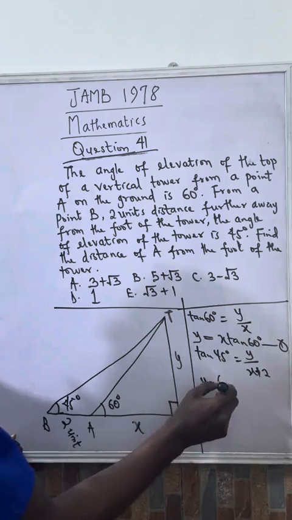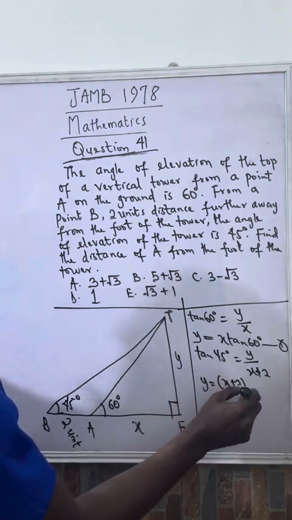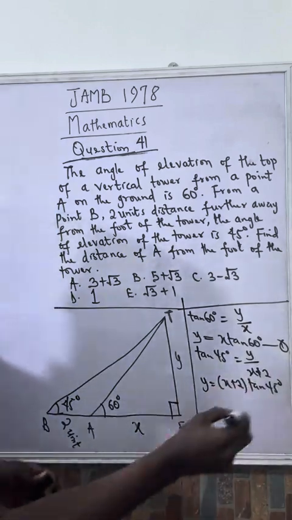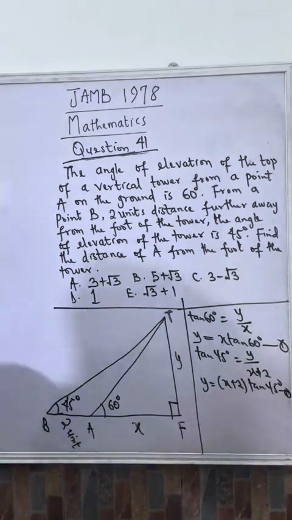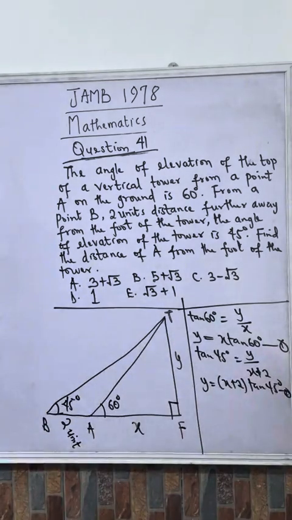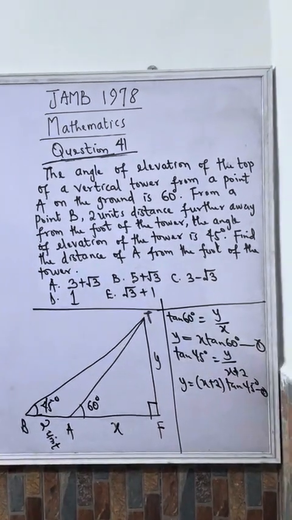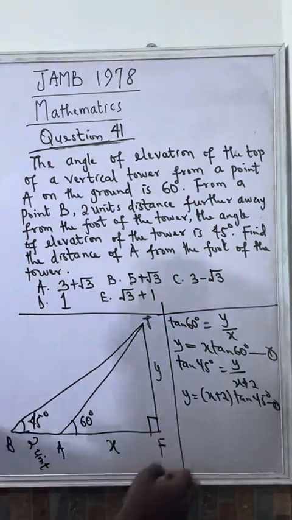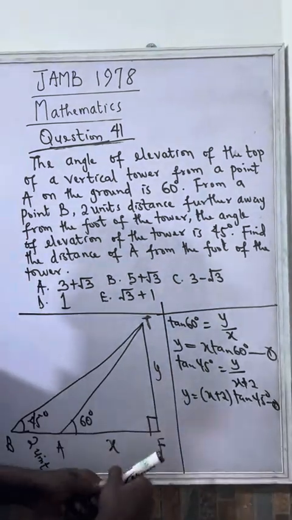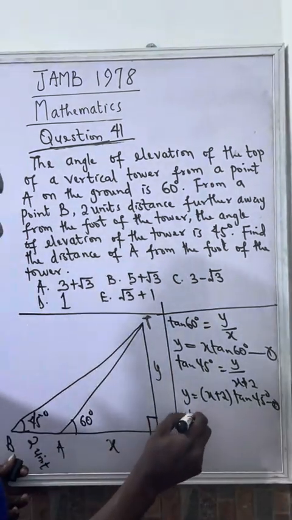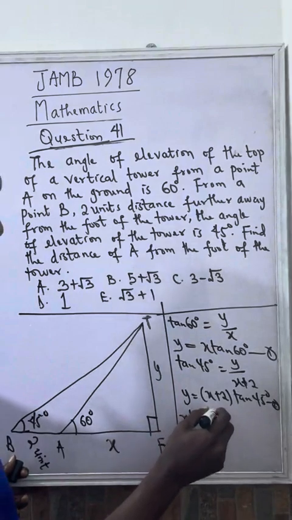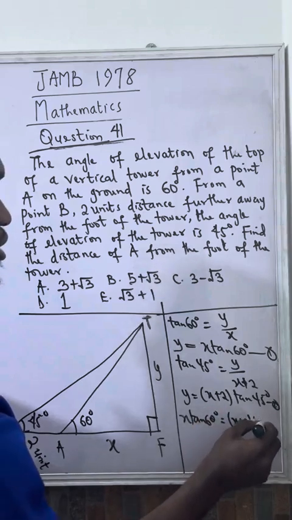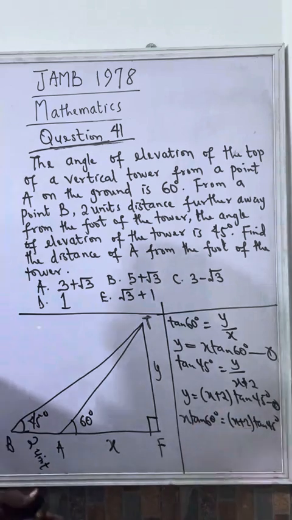Y will still be equal to X plus 2 tan 45 degrees. Let's call this equation 2. From here, I can equate both of them. Since both of them are Y, that means X tan 60 degrees equals X plus 2 tan 45 degrees.